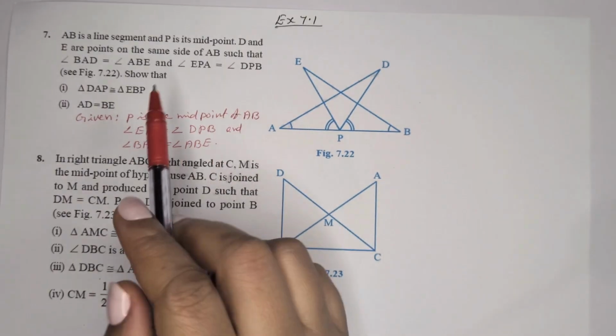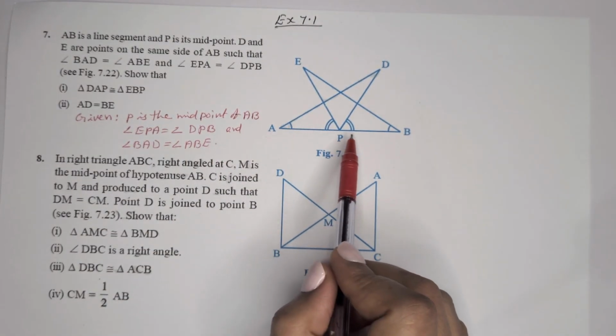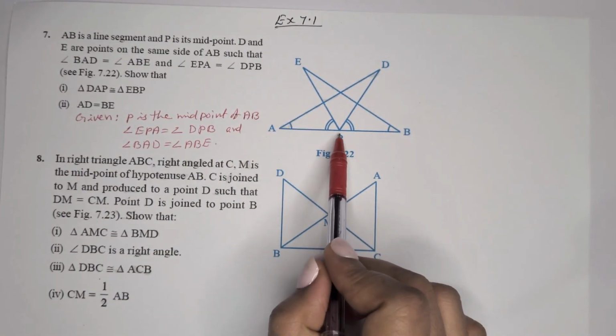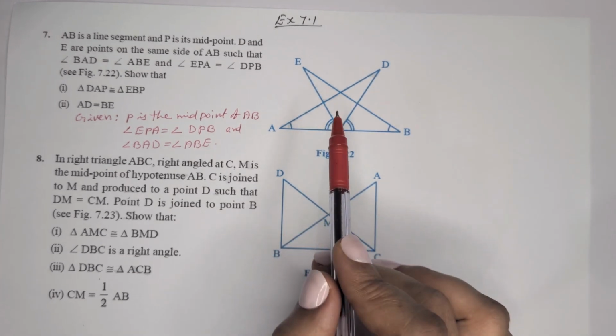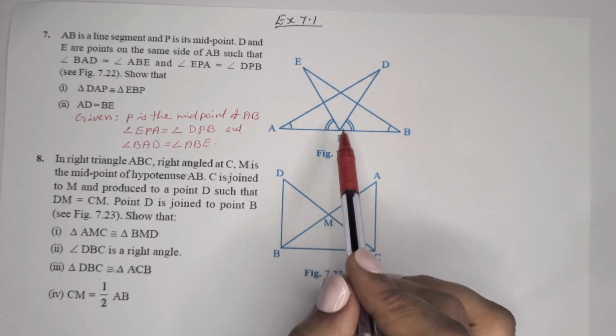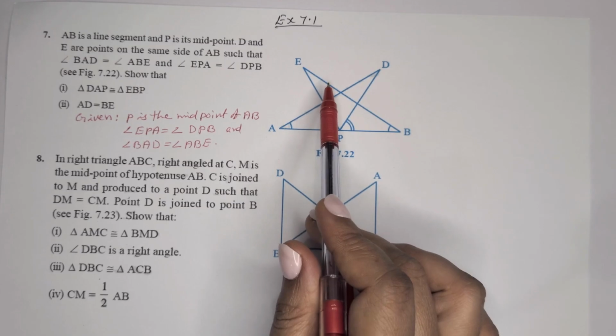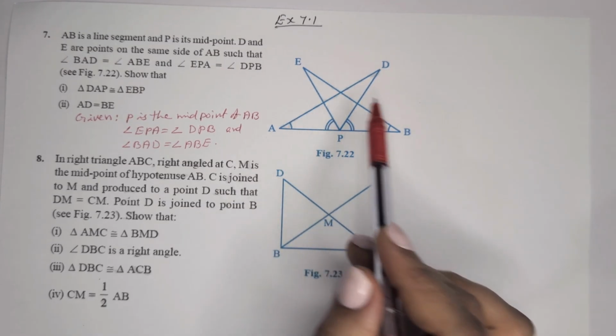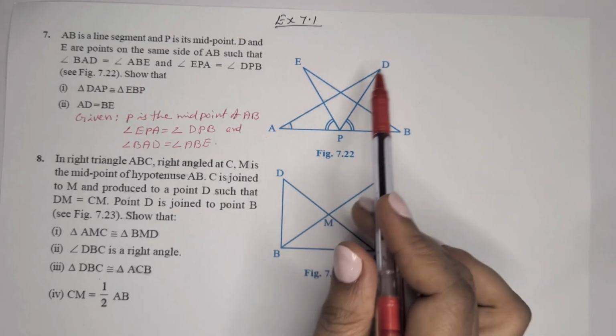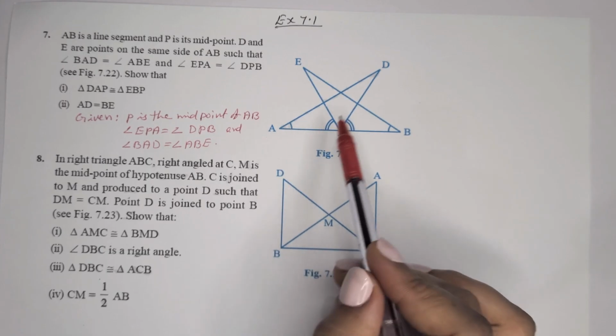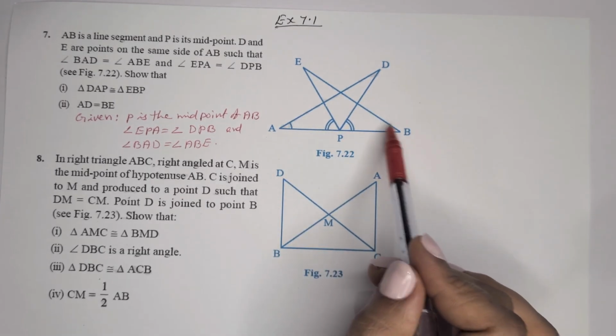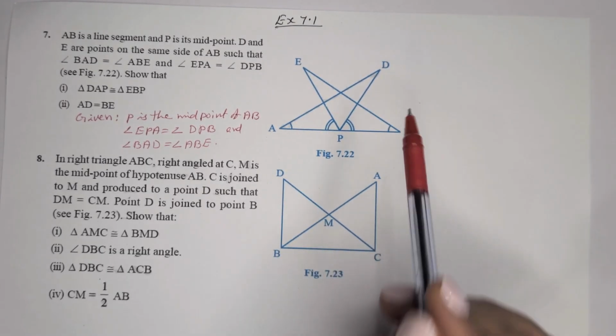Question number 7. AB is the line segment and P is the midpoint. D and E are the points on the same side of AB such that angle BAD is equal to angle ABE. These two angles are equal.